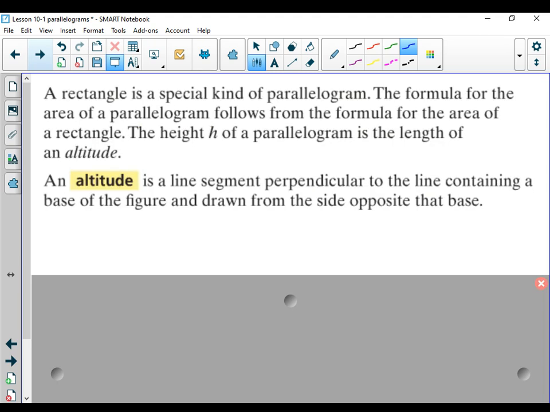In that next box, don't write this whole thing. We need this word, altitude. And here it says the line segment perpendicular. Don't write that whole thing. Perpendicular. Perpendicular. Pete! Thank you, sir.